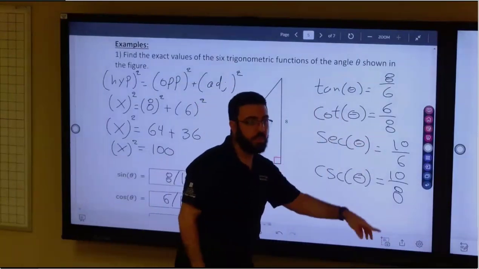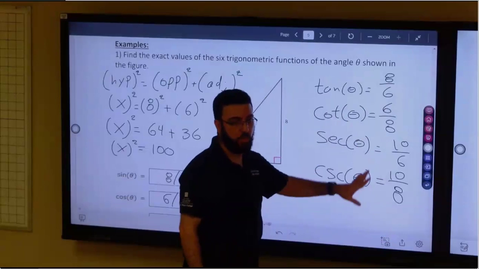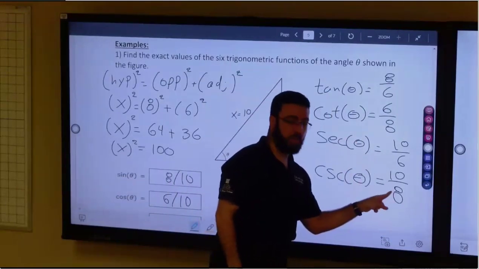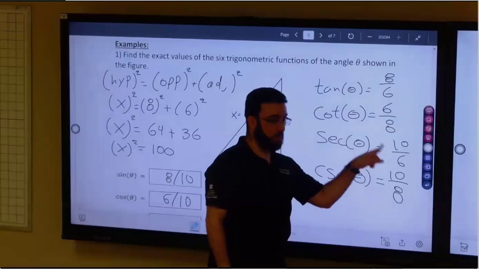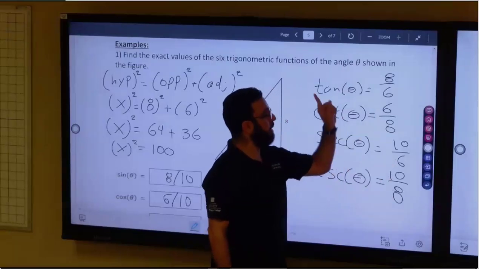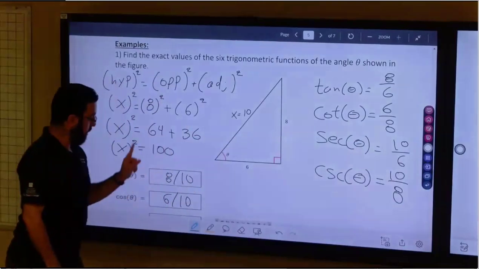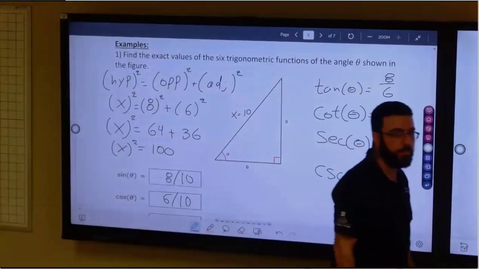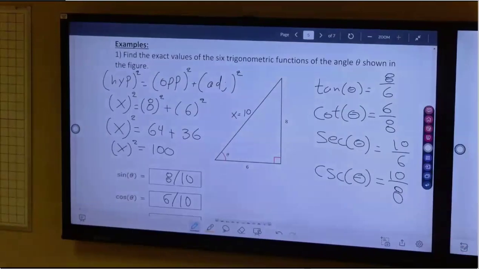Don't type any decimal number on Cengage with the sine, for example. Just simplify it like this. You can simplify it, fine. It's still right if you simplify, it's still right if you put the same result.